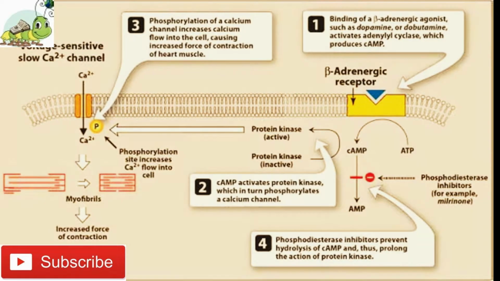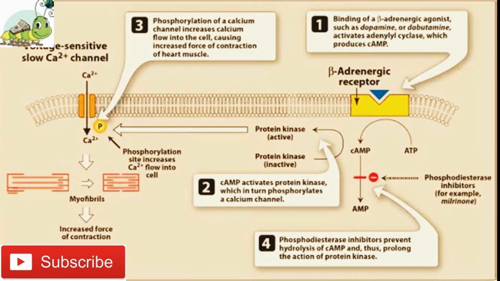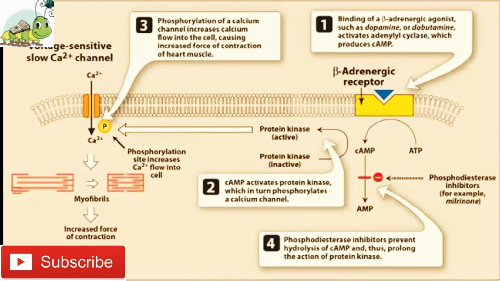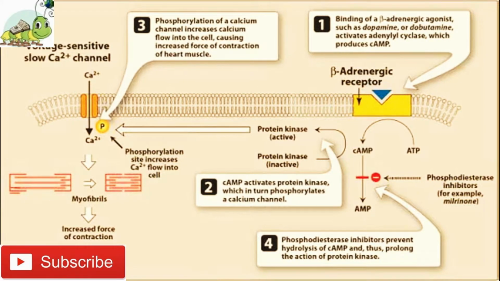Administration of either milrinone or amrinone increases cAMP levels by preventing its degradation by cardiac myocyte phosphodiesterase. Both classes of cAMP-elevating agents have been shown to be helpful for the acute short-term management of the decompensated patient.